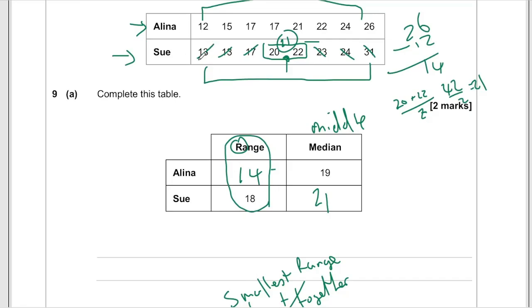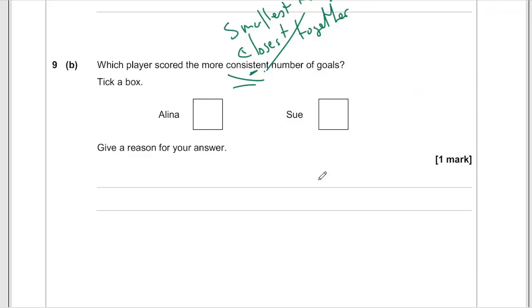Okay, Sue's range was 18. So Sue had a bigger spread of data. Her spread was 13 to 31. Okay, so her spread was over 18 different points, scores, and Alina's was 14. So who had the more consistent?